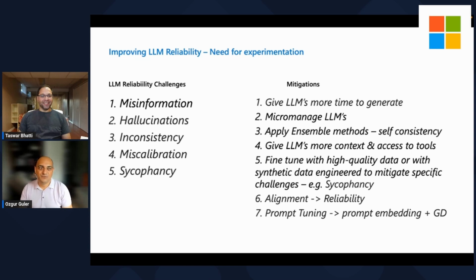But it is thought of as a side effect of RLHF, where you train the models to be helpful, honest, and harmless. So this is 3H, and that somehow makes the models miscalibrated.